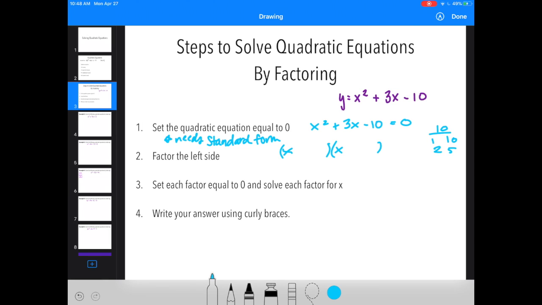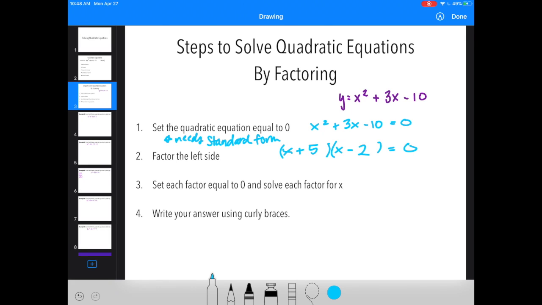So 1 and 10, 2 and 5. What's sticking out to me is that 2 and 5 can be added together to equal 3 if one of those is negative. My 3 is positive, so I factor that to be x plus 5 and x minus 2. Because 5 times negative 2 gives me negative 10, and 5 minus 2 equals 3. I'm going to erase that so I have some room.